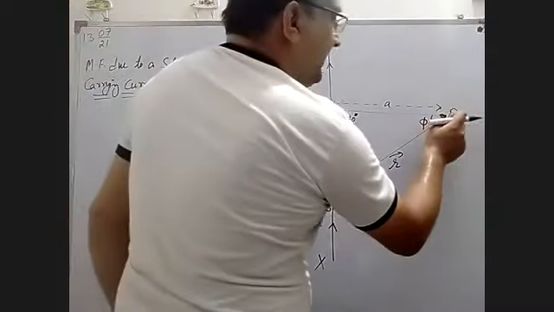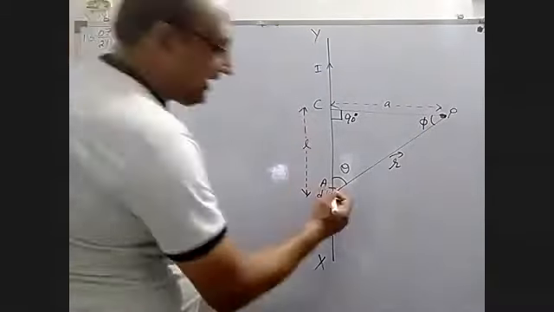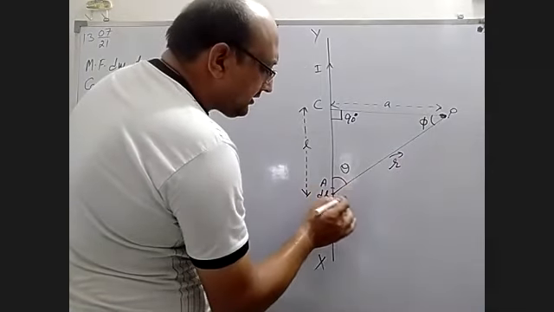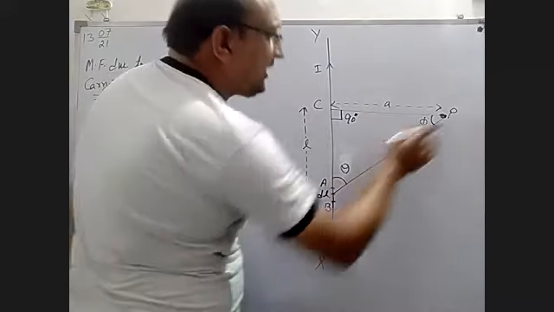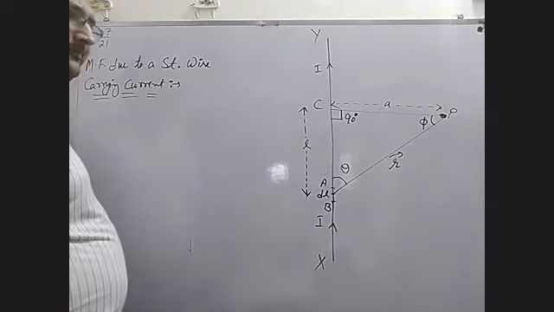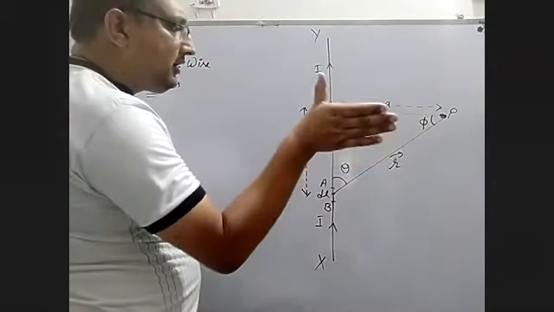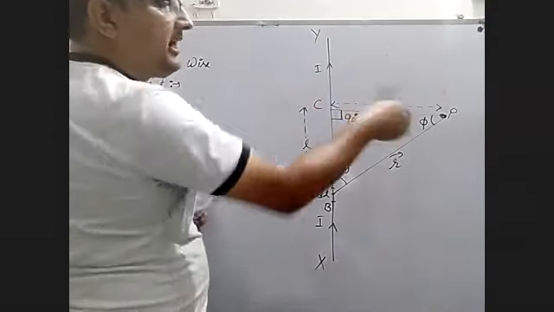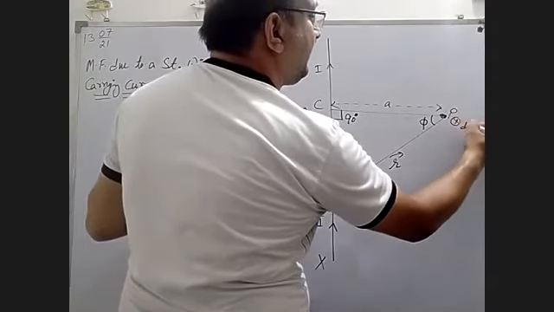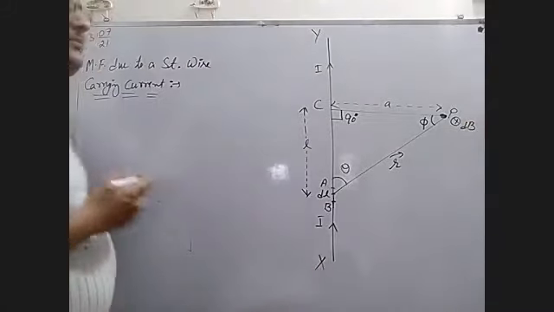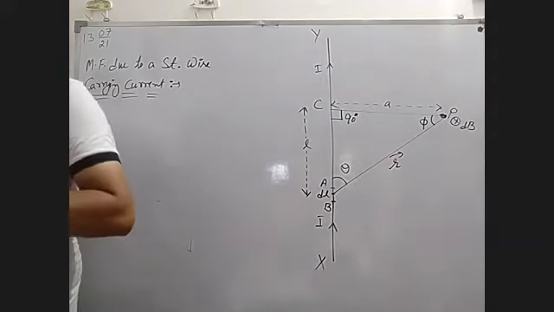I want to find the magnetic field at P due to this conductor, with current flowing from X to Y, considering a current element AB. What is the direction of the magnetic field? By the right hand thumb rule, the magnetic field is inward here. I want the value of dB at this point due to this current element. This is our purpose.